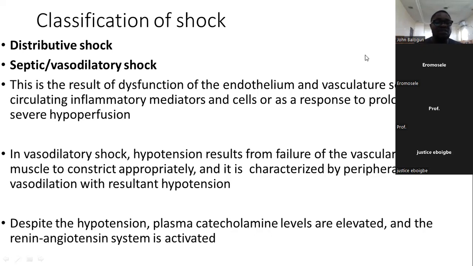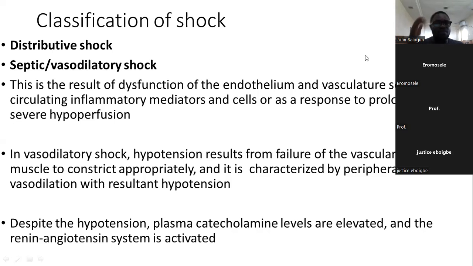The autonomic reflexes, we have the sympathetic and the parasympathetic. The sympathetic is in the blood vessels, exactly. So in neurogenic shock, first of all, in the autonomic nervous system, we have the sympathetic and the parasympathetic. The sympathetic nervous system, particularly, is responsible for the tone of the blood vessel.